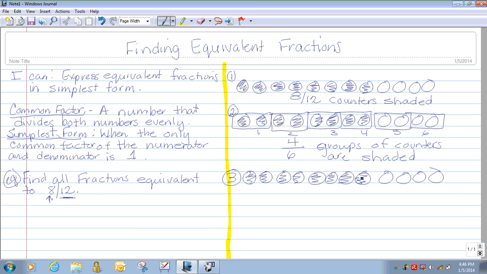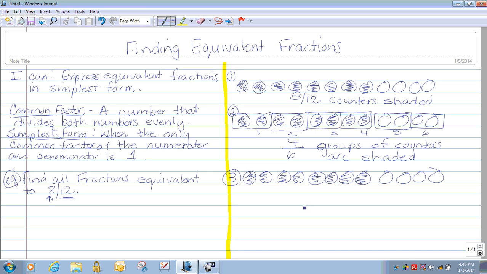Instead of 6 equal groups, what other number goes into 12? I know 6 goes into 12. Well, how about if I have 3 equal groups?